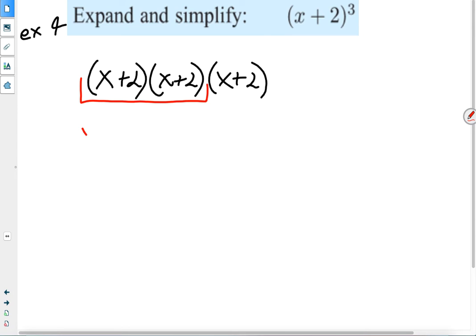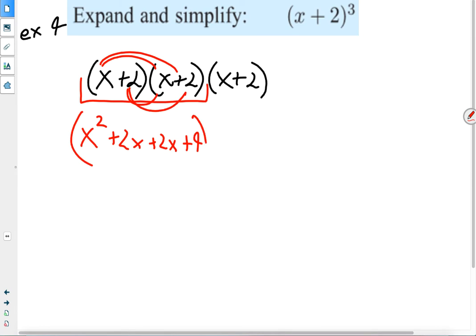So here I'm going to get x times x squared, plus 2x, plus 2x, plus 4. At this point, before I try and multiply it through with my x plus 2, I have 4 terms here. If I simplify it to x squared plus 4x plus 4, that's going to save me some work from multiplying by 2 more terms.